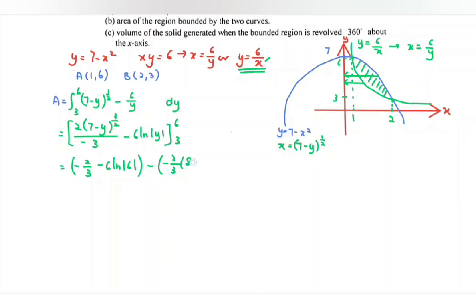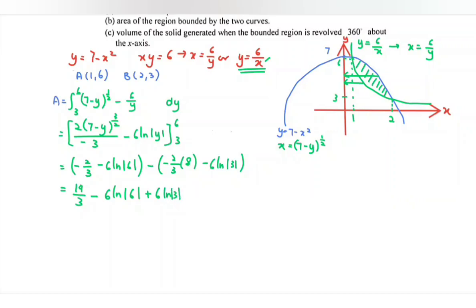So here we will have 8 minus 6 ln 3. By referring to the calculator, negative 2 over 3 minus 16 over 3, so we will have 14 over 3. Minus 6 ln 6, and here minus becomes plus 6 ln 3.